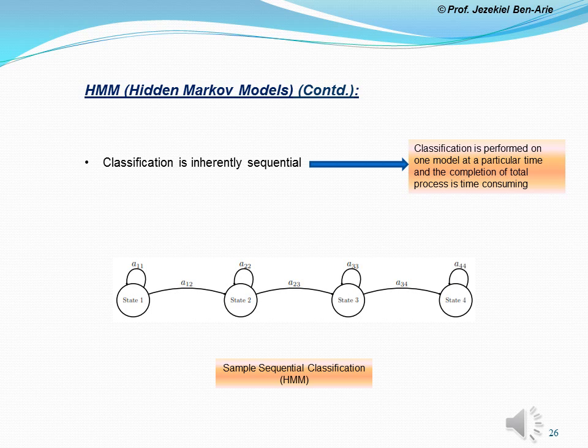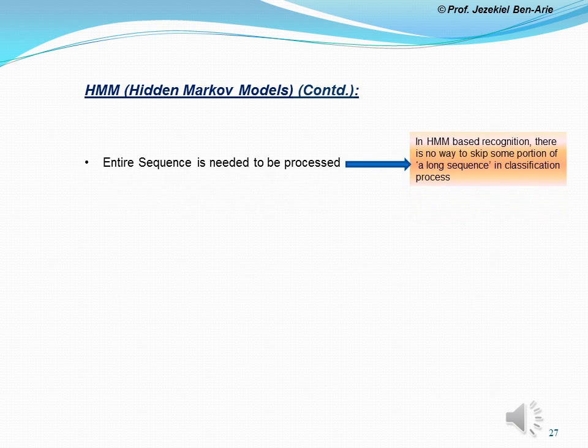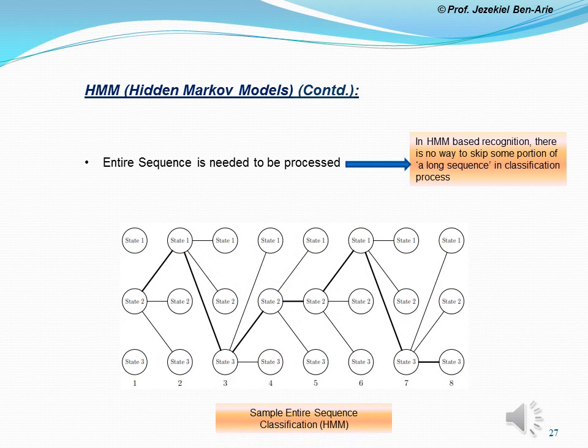With HMM, the entire sequence is needed to be processed. There is no way to skip some portion of a long sequence in the classification process. In the next few slides, we shall discuss a simple example of HMM classification procedure.